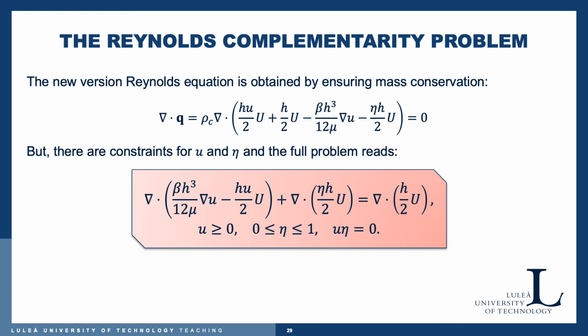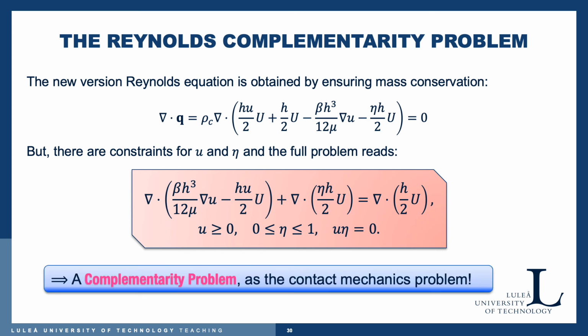So we've taken the expression above and formulated it a little bit differently here, just in order to make another comparison later. We have the mass flow, which we have now made an equality with the left and right hand side like this, and we have the constraints below, and this shows truly that this is a complementarity problem, precisely as the contact mechanics problem we learned before.